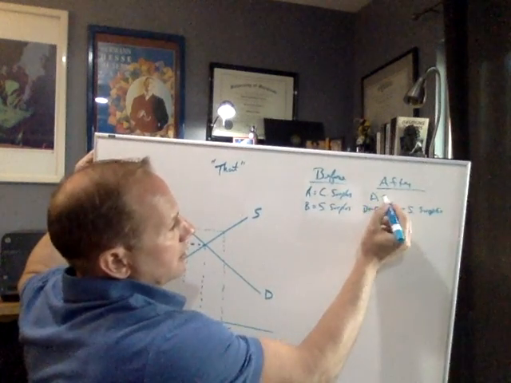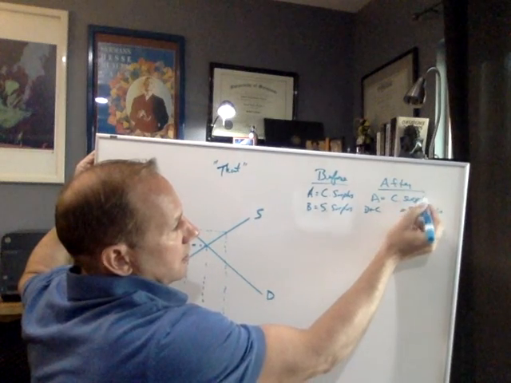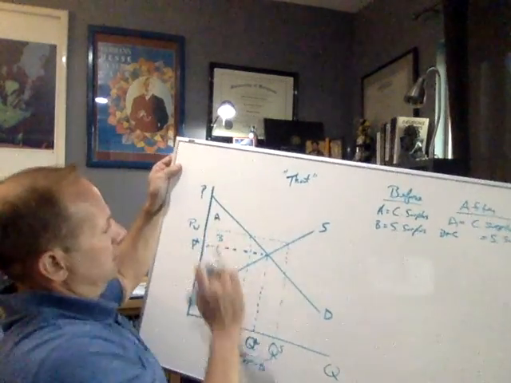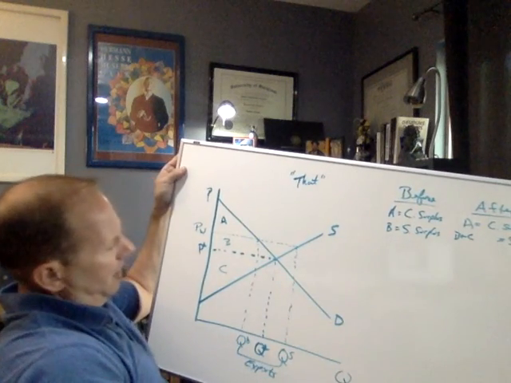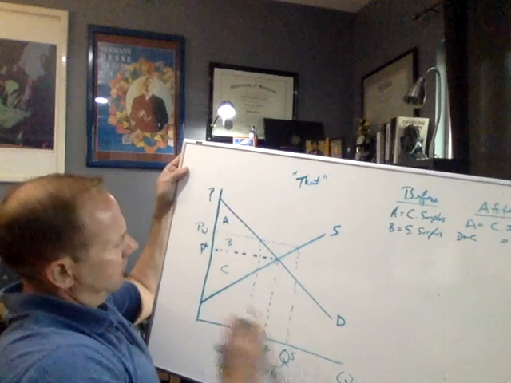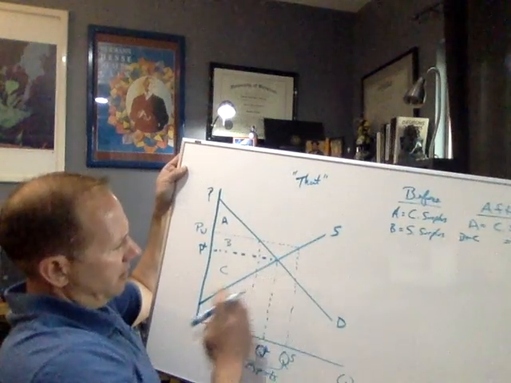A is still consumer surplus, but it's smaller. It used to be bigger, now it's smaller.